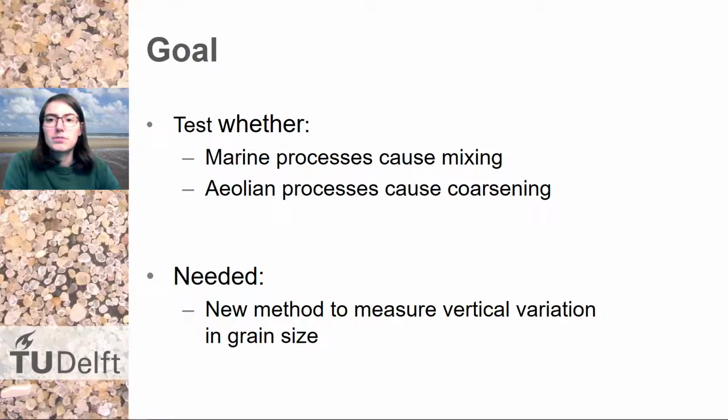However, for this, we really need a new method to measure vertical variation in grain size, because currently we use grab sampling, and those samples usually consist of the upper 5 to 10 centimeters of the bed. And then we assume that there's no variation in those 5 to 10 centimeters because, for instance, we only determine one D50 value.